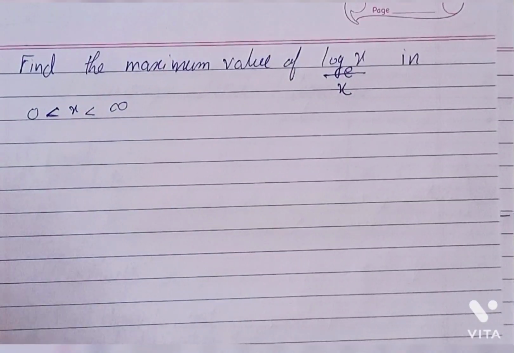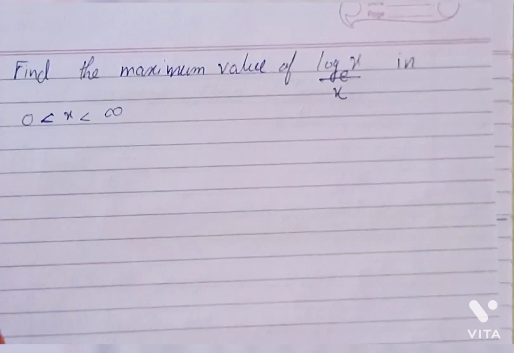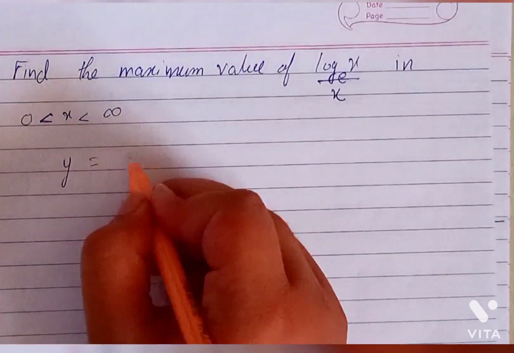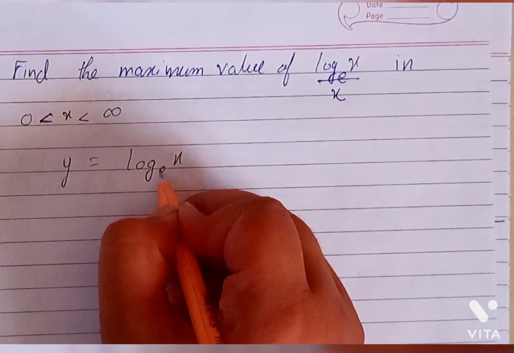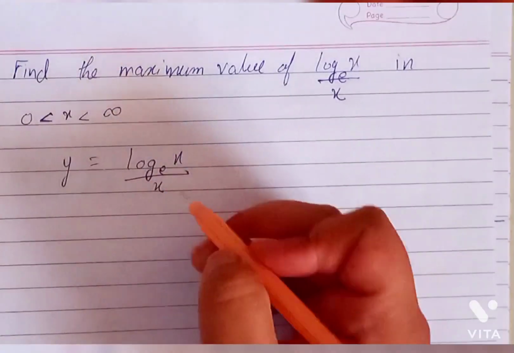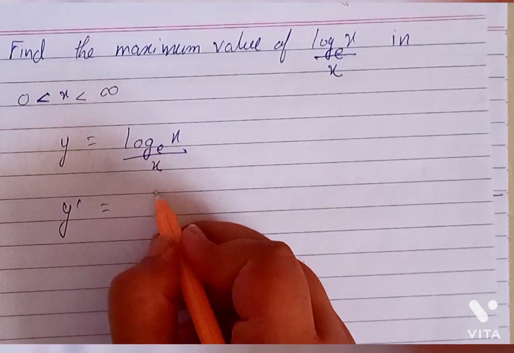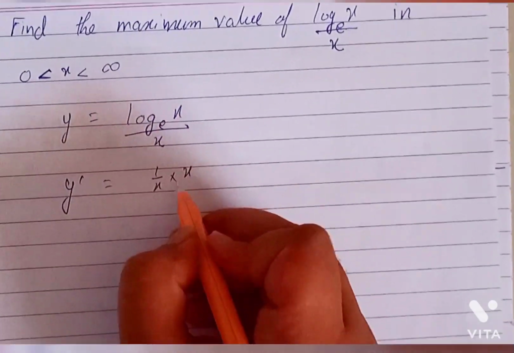So we need to find the maximum value of this in this range. Okay, so I'll suppose it to be y equals log x to the base e upon x. Alright, so the first step is to differentiate it. I'll differentiate 1 by x into x using the chain rule.